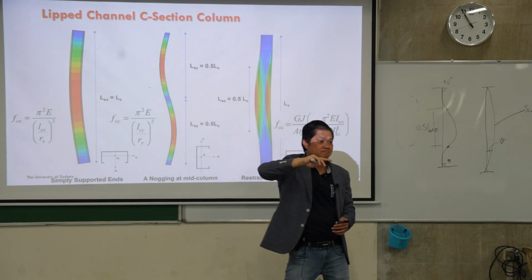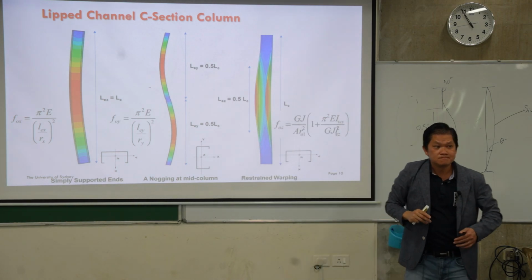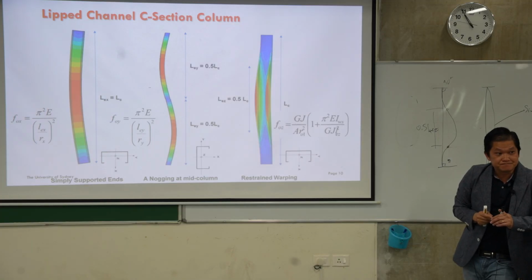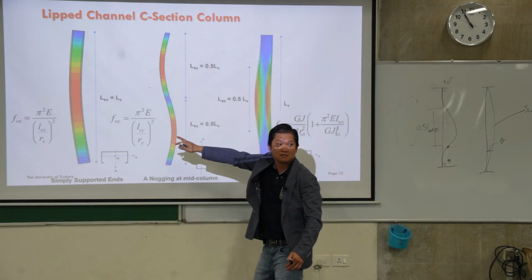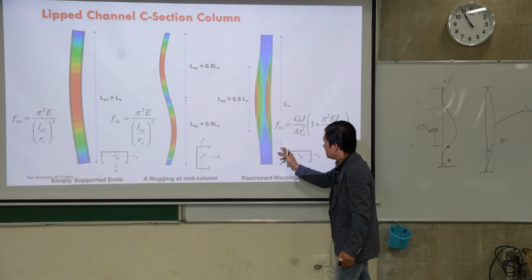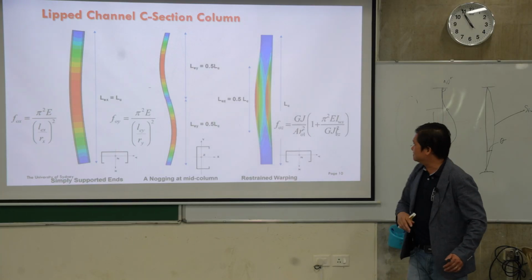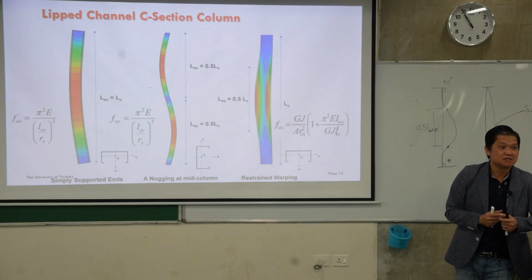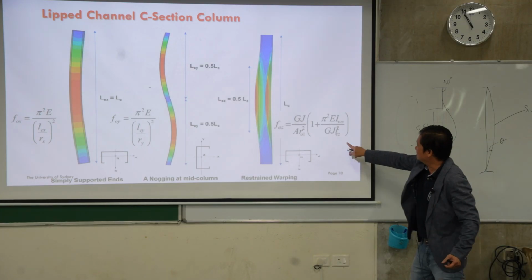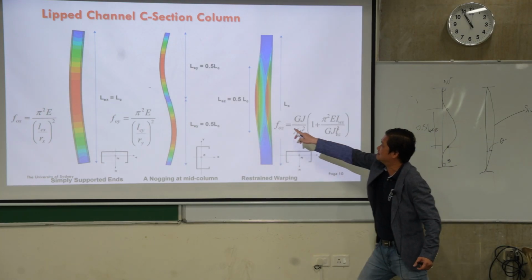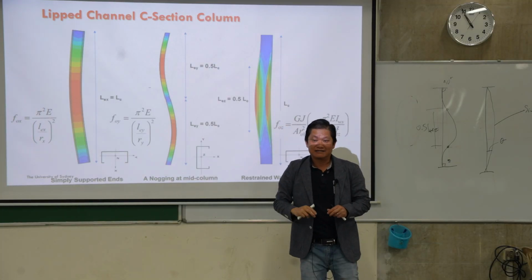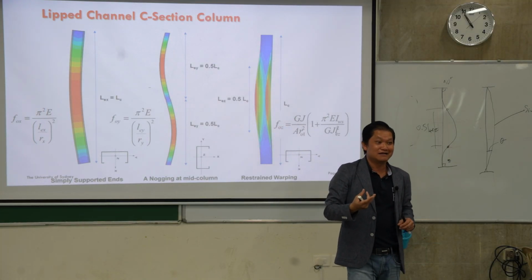Yes? The last one, is it restrained torsion or restrained warping? Which one? This one? The third one? The third one is restrained warping. It's everything about torsional. Okay, so that affects the L here, but LE here is actually LEZ, the length subject to torsional buckling.